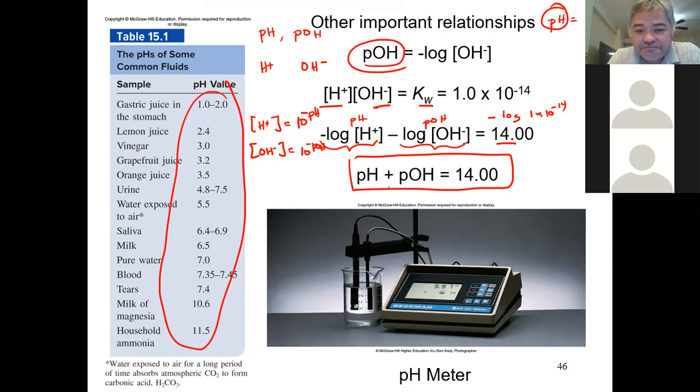Clear ba yun? Sir, saan po nanggaling yung 10? So remember, we have this one here, right? So what if this is the one that we want? Ano yung inverse ng log sa calculator nyo?